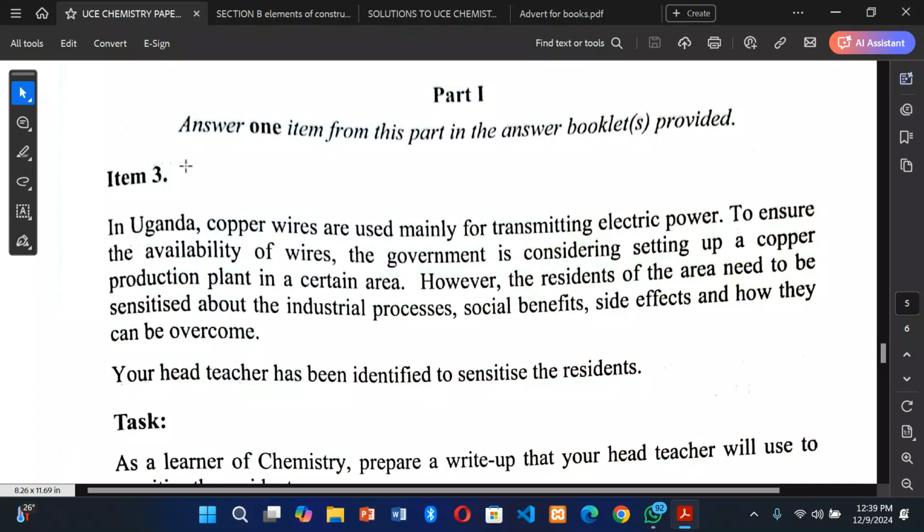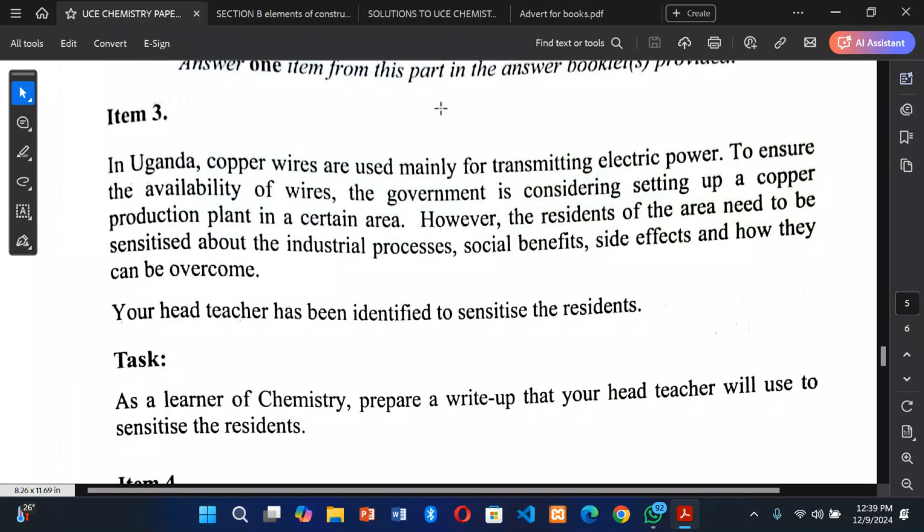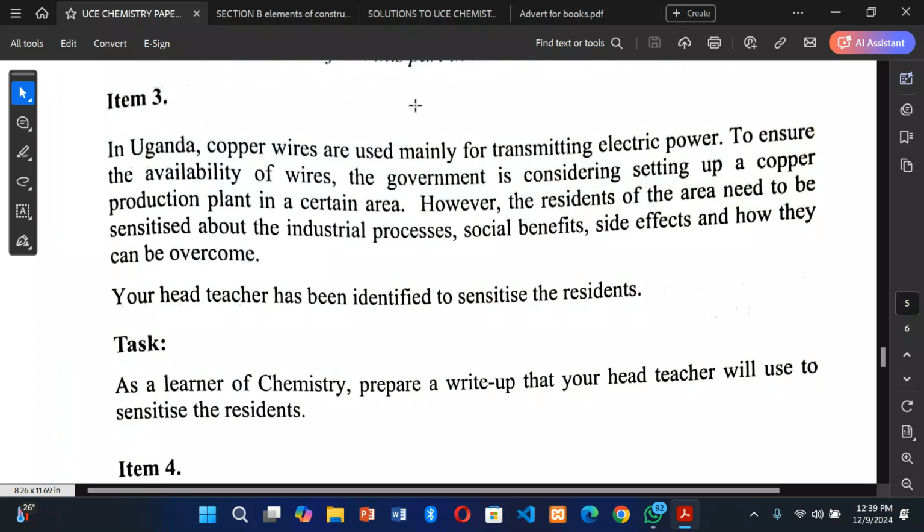Now, UNEB paper item number 1, we are going to start with item 3 in Part 1, Section B. Let's go through the scenario now. In Uganda, copper wires are used mainly for transmitting electric power. To ensure the availability of wires, the government is considering setting up a copper production plant in a certain area.